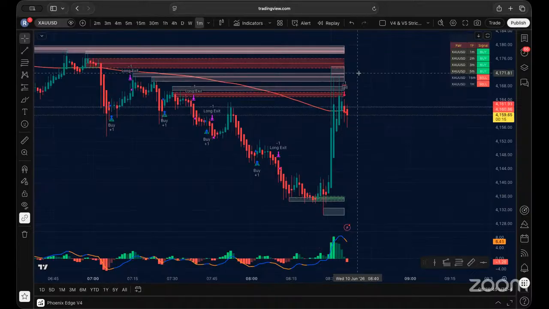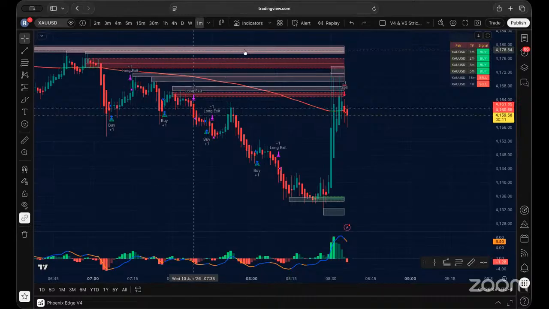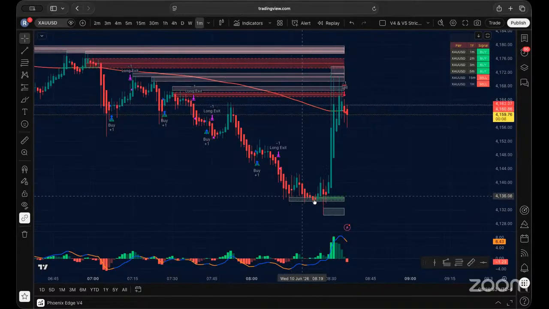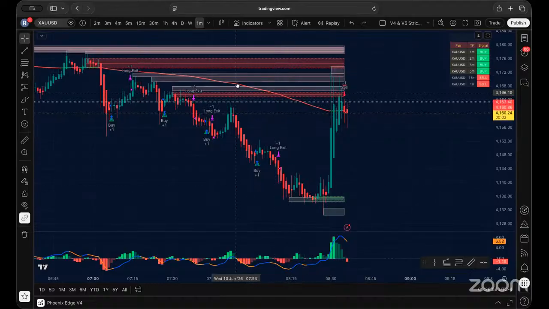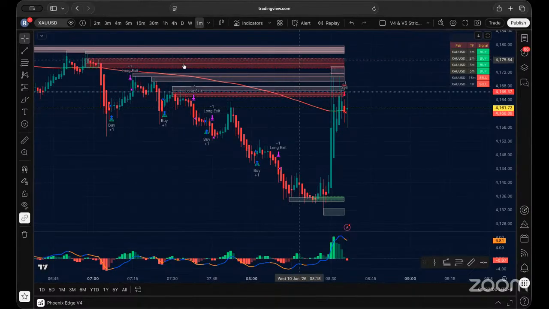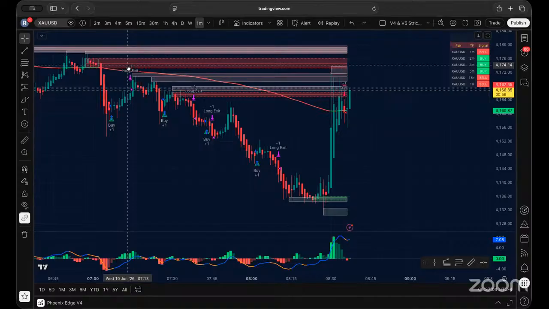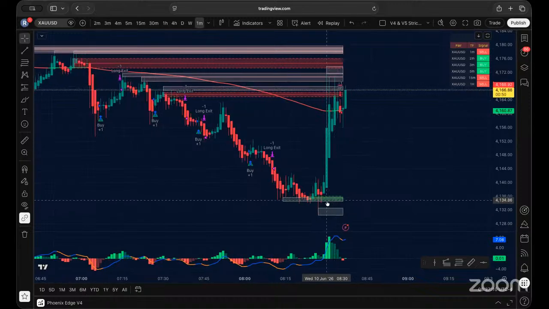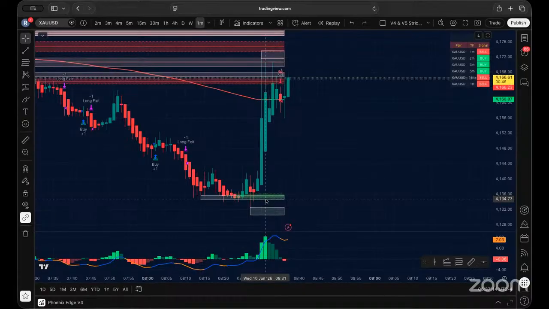So my resistance zones on my screen are going to be the pink or the lighter red boxes. My support zone is going to be the lighter green boxes. Our order blocks that we have here are going to be the dotted rectangle boxes. So for my bearish order blocks, we're gonna have red, and then for the green, it's going to be the bullish order blocks.